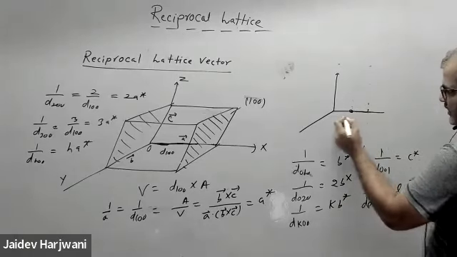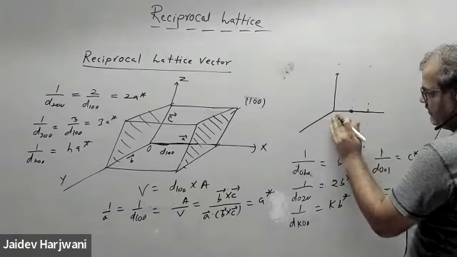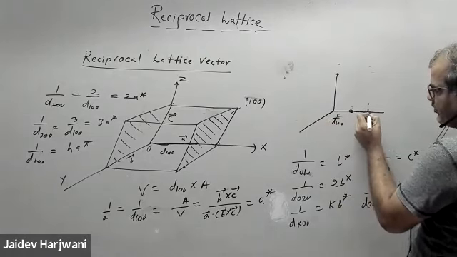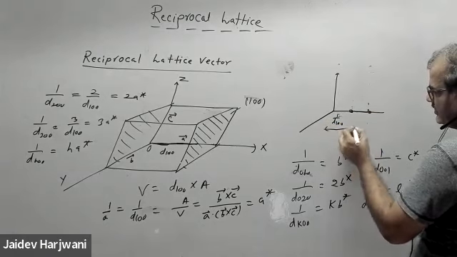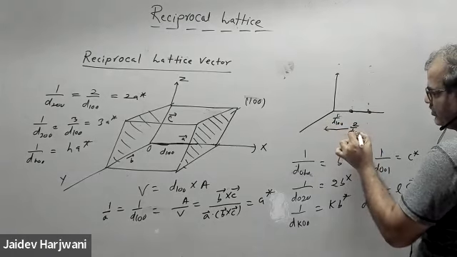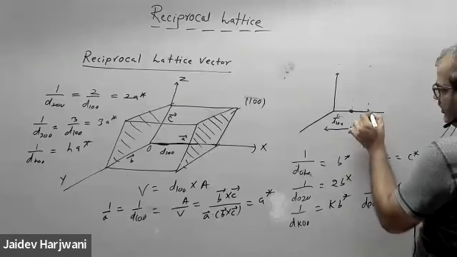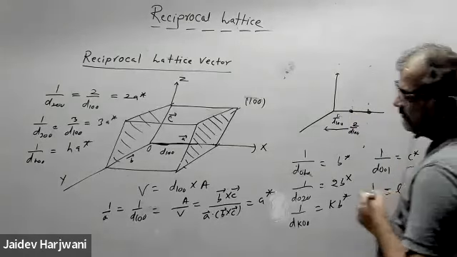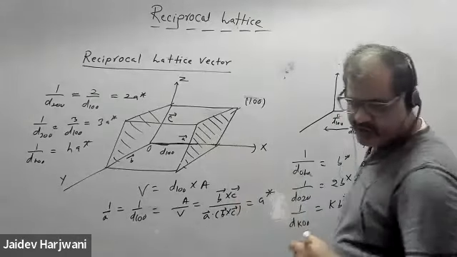Okay, similarly the distance is 1 by d100. Similarly this point whose distance is 2 upon d100 or 1 by d200, this is also a reciprocal lattice point corresponding to plane 200.